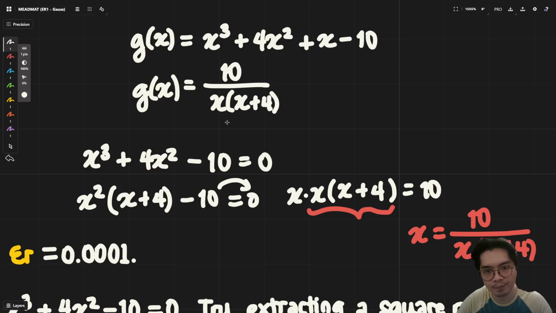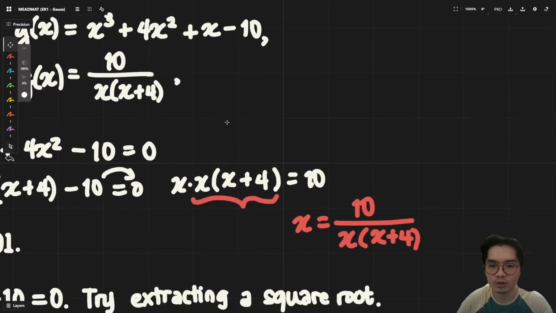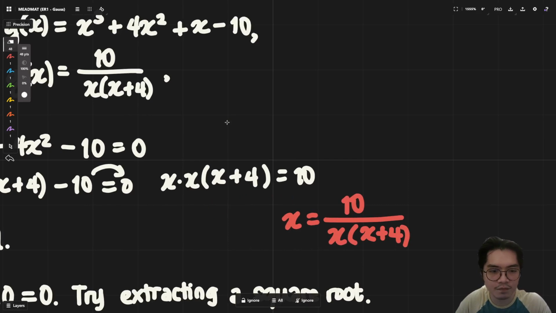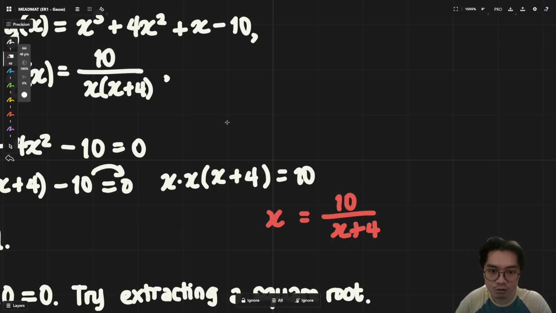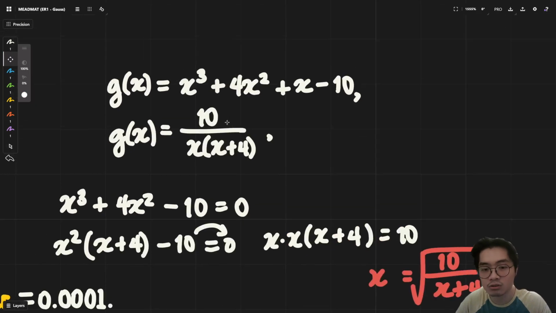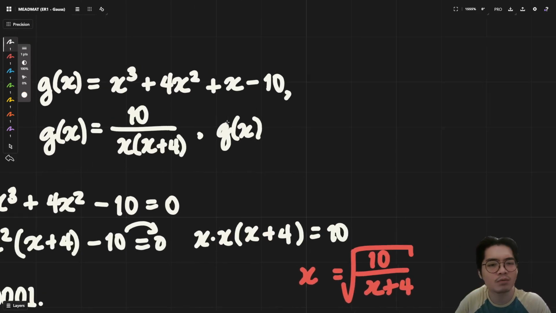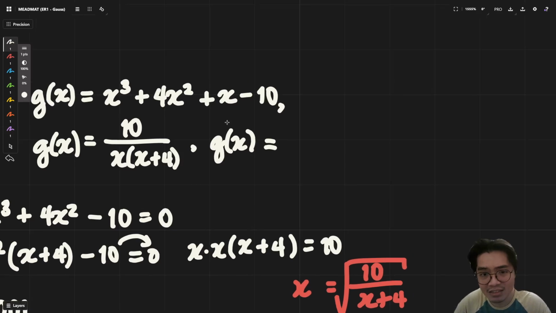Another thing you can do is recognize that if you move down the x plus 4, you will have x squared is equal to 10 all over x plus 4. And what you're going to do next may be the square root. This is also possible, although you can see, wait a second, that may be a bit wrong because there's also supposed to be a negative sign in there somewhere.